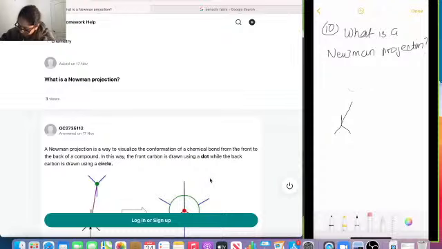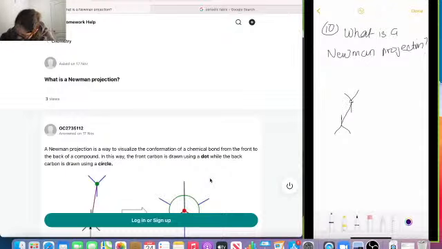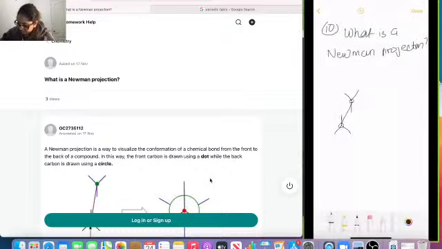So this is the back, so let's use a different color here. This is the back, this is the front, and imagine that this is your eye. You're looking at it from here.